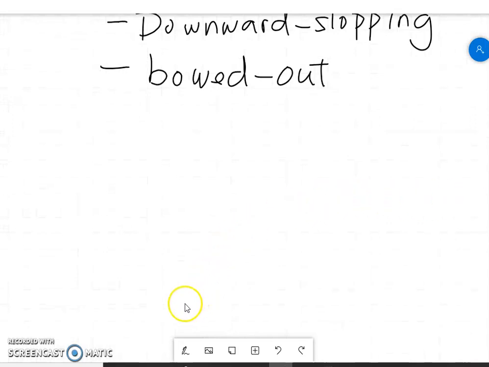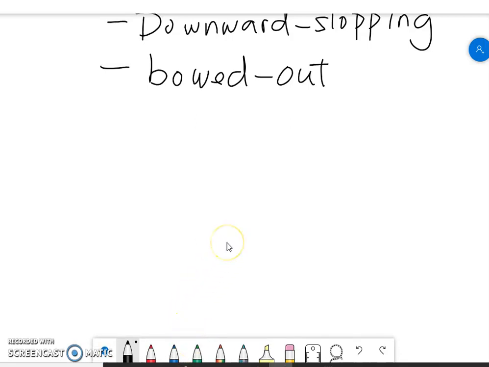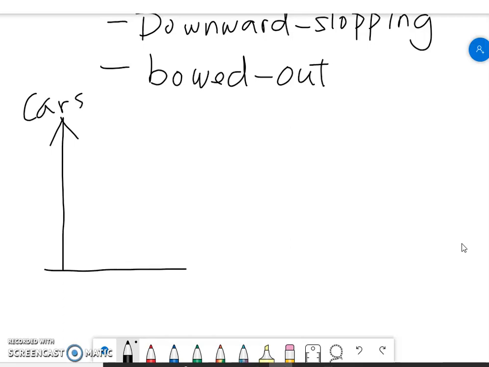All right, so the specific way we're going to use is called proof by contradiction. In other words, we're going to look at the opposite case and see if we can find any contradictions. Now, the opposite case would be here. Once again, the vertical axis is the number of cars.